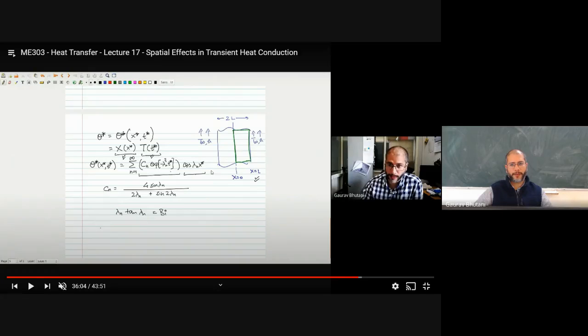And then we said that if our Fourier number is greater than 0.2, that's your t star value greater than 0.2, then you can simply approximate this solution as the first term, that is n equal to 1 term in this series. Because we see that the coefficients of the Fourier terms go down as e to the power of minus lambda square t star. So as your time increases, the contribution of the subsequent coefficients for higher n values will go down exponentially.